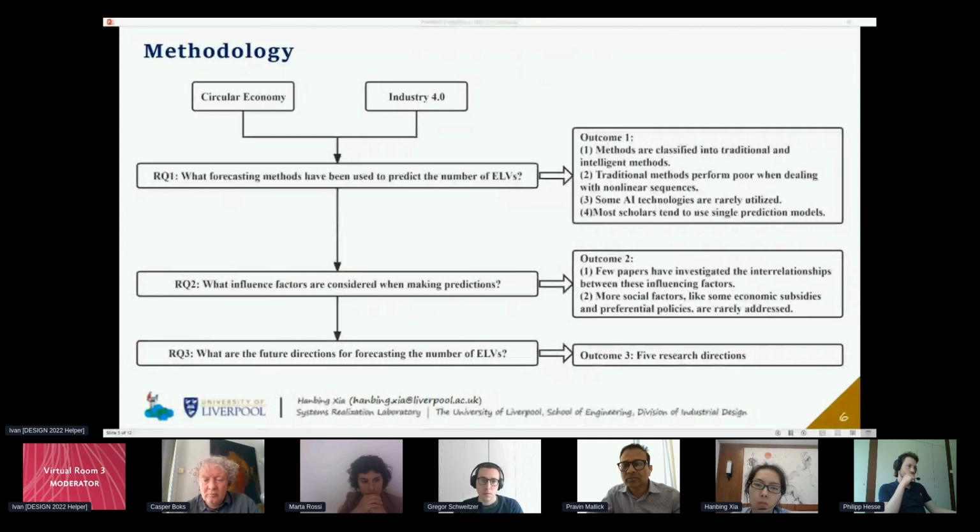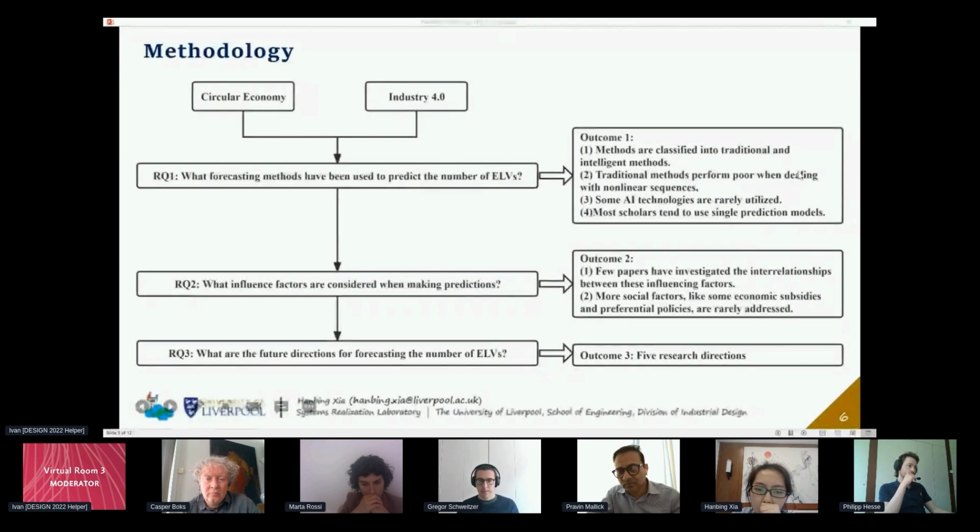Now, I'd like to show you the methodology. Based on the background, the following research questions are addressed. The first research question reveals the research methods and their application in ELV number forecasting.